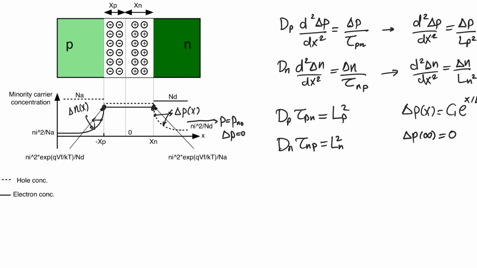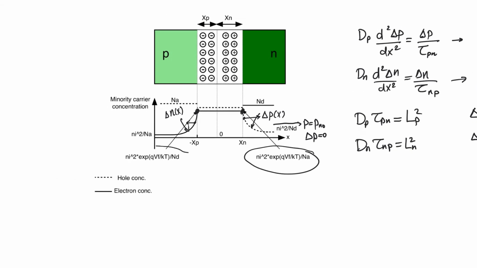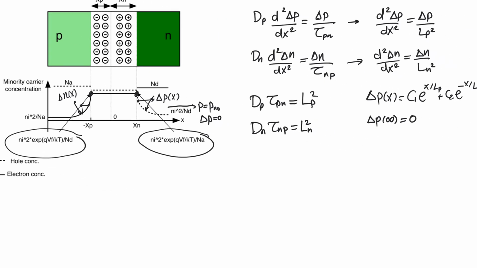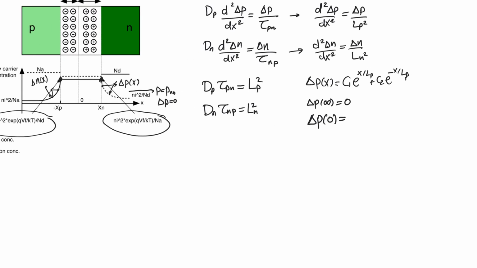We need a second boundary condition because we have two constants, c1 and c2. But the second boundary condition is also easy because we already derived it using the excess minority carrier injection. So we dedicated a whole video to finding these values of excess minority carriers at the interfaces. And so we know that p of 0 is equal to this expression, which is p n naught times e to the power of q Vf by kT.